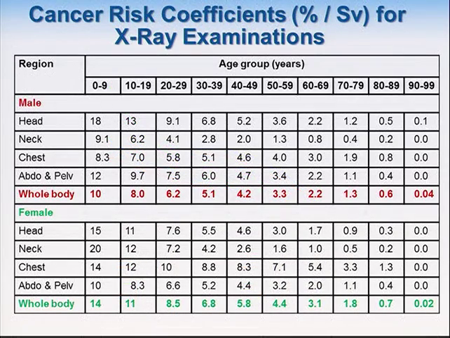And this is a tabulation of those sorts of data for different types of examinations. So really, you're looking at some deviation from that number of around 5% per sievert applying in middle age, or young middle age or whatever you call it, 5% per sievert at 30 to 39 years of age, factors of a few higher at younger ages, a few lower at higher ages.